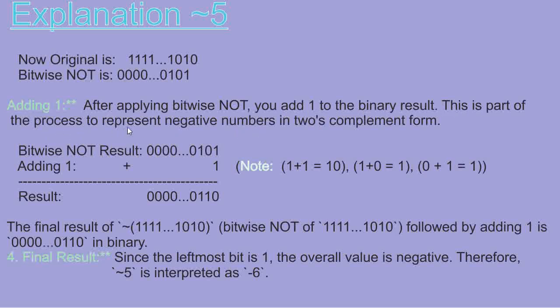This is part of the process to represent negative numbers in 2's complement form. Note one thing here, 1 plus 1 equal to 10, and 1 plus 0 equal to 1, and 0 plus 1 equal to 1.